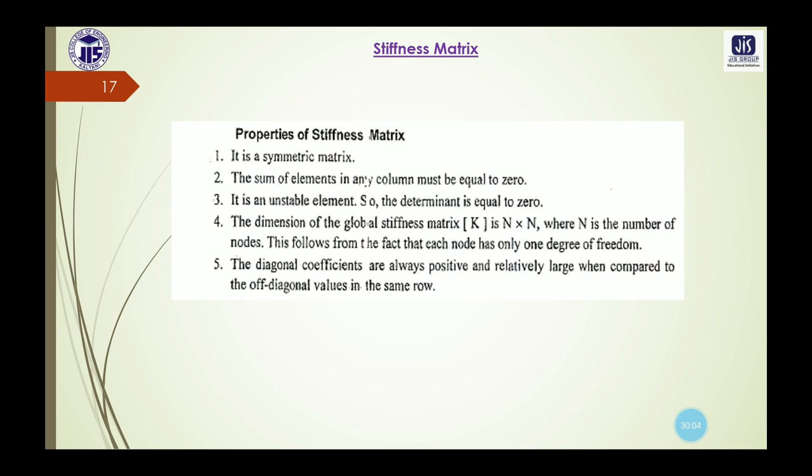Then the dimension of the global stiffness matrix K equals n into n, where n is the number of nodes. It follows from the fact that each node has only 1 degree of freedom, and the diagonal coefficients are always positive and relatively large when compared to the off-diagonal values in the same row. So these are the properties of the stiffness matrix, which we also need to remember to solve the numericals, as some shortcut methods.